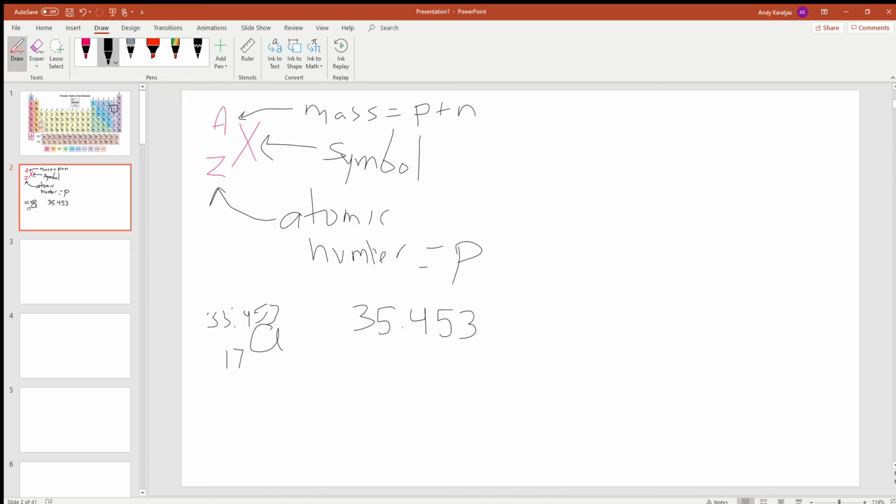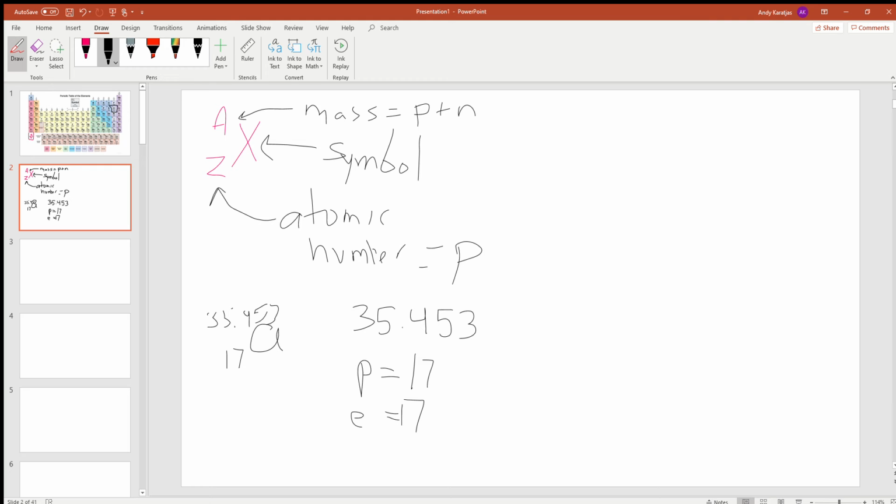So the question we could ask here is, how many protons, how many neutrons, and how many electrons does chlorine have? And two of these questions are going to be relatively easy. Because we know that the number of protons is equal to the atomic number, we know that's equal to 17. Because we're dealing with a neutral atom, then we know that the number of electrons also has to be equal to 17.